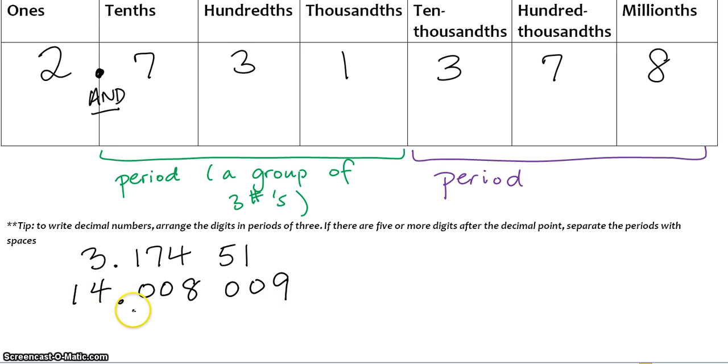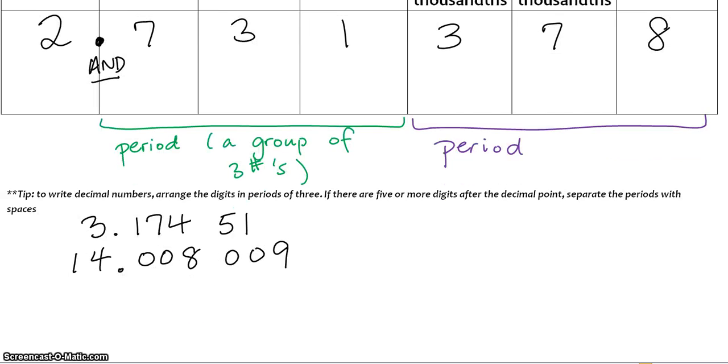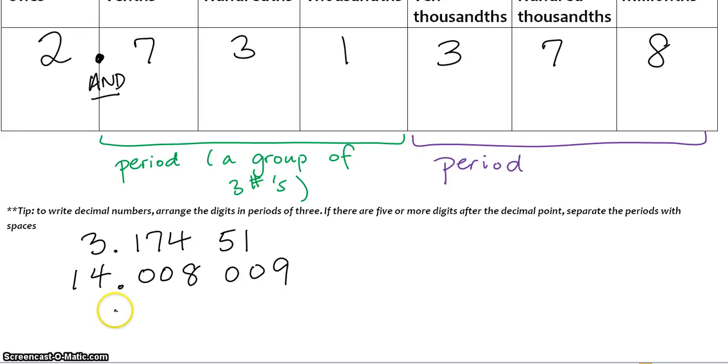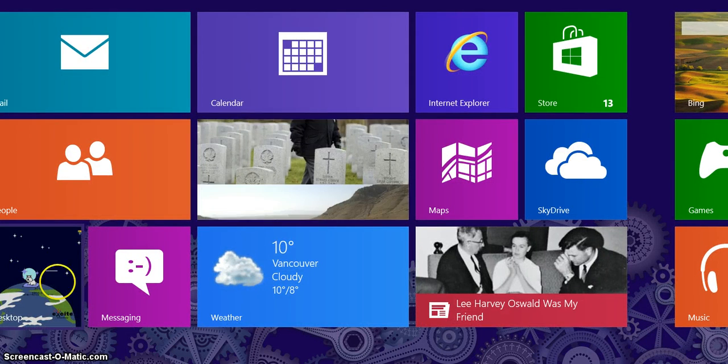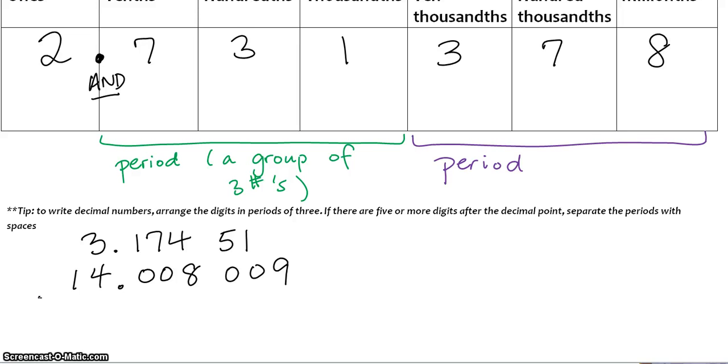The way you would read this decimal number is 14 and 8 thousandths, 9 millionths. In this case, you still split it up according to periods, and still the same rule applies. You would name the decimal number according to the furthest place that digit occupies in the period. So 8 thousandths, 9 millionths. Let's do 2 more examples here.